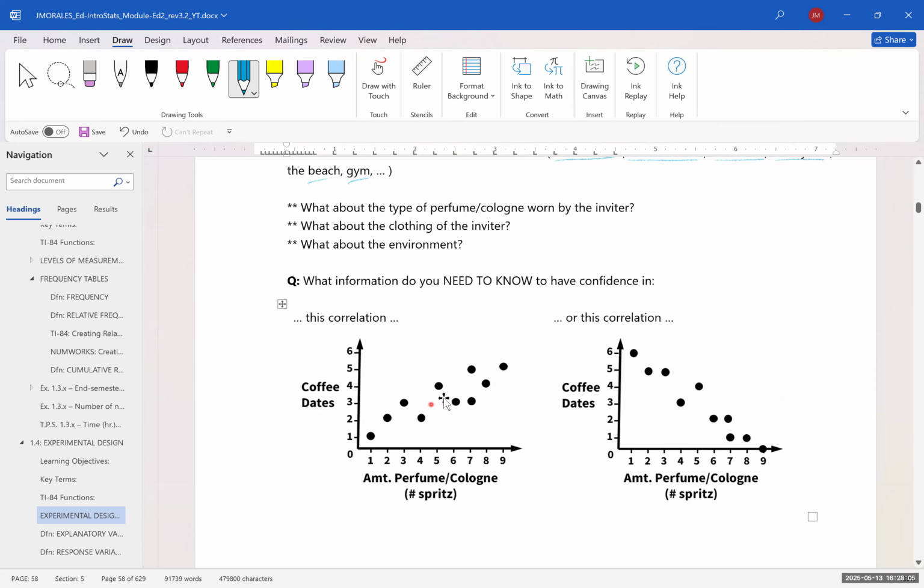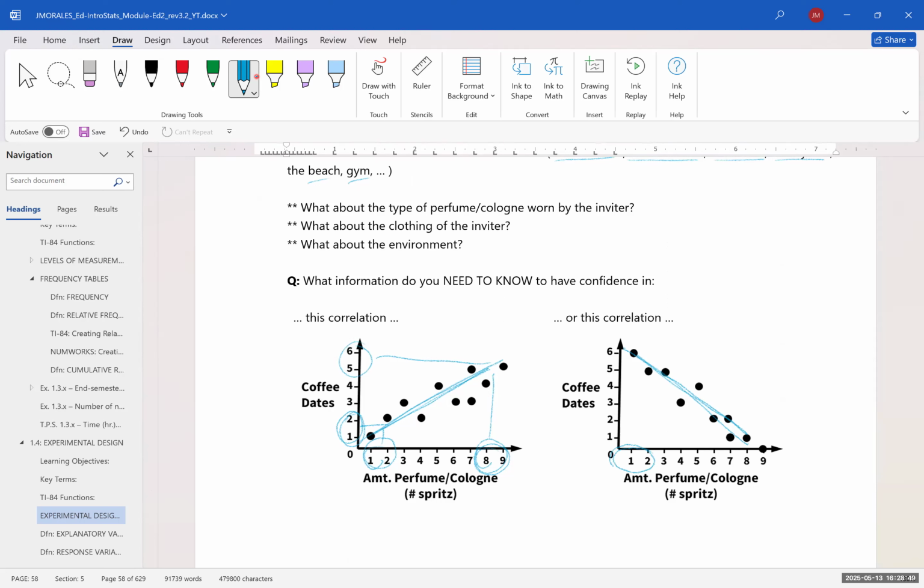And if you have this correlation, that this is actually true and meaningful, versus if you have this correlation, right? This kind of correlation here is telling you that if you wear just a small amount of perfume or cologne, you get a lower number of coffee dates per month. If you wear a lot of perfume and cologne, that'll result in a higher number of coffee dates, right? Whereas if you had a negative correlation, this actually means less is more, right?